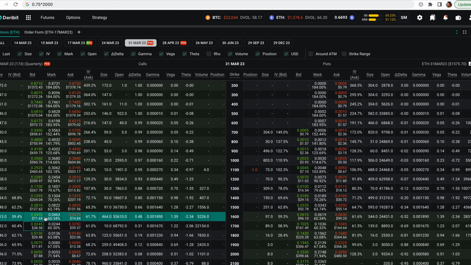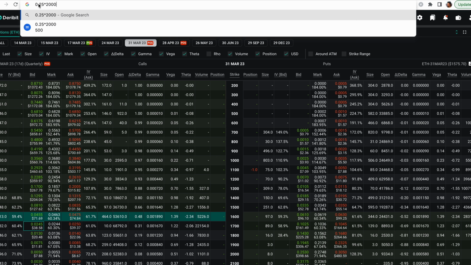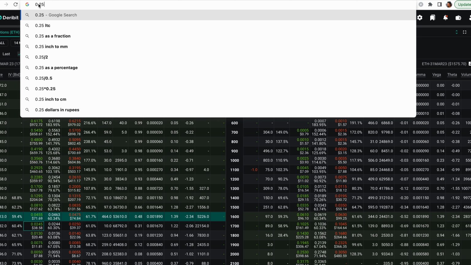But if it would go above, let's say if Ethereum price would go to the same 2000, then this would be the price difference you would receive as additional premium, or in our case, we already know it's 0.25 times 2000 in US dollars, you would receive about $500 back to your account, minus the premium you paid.